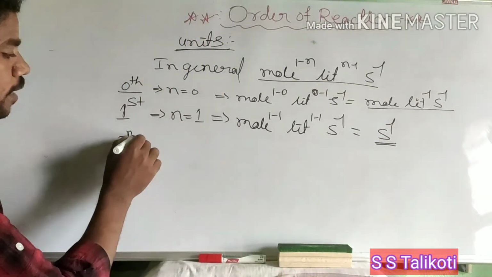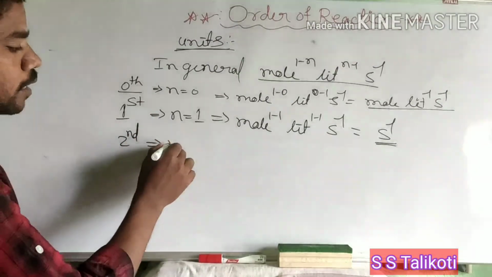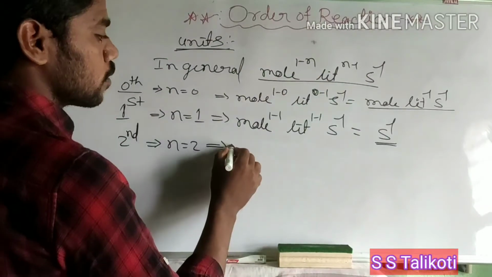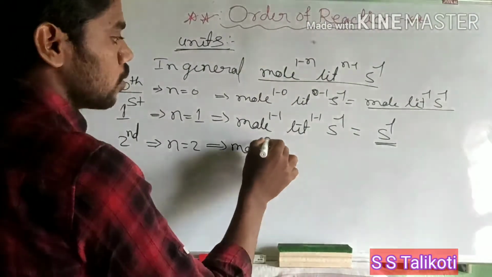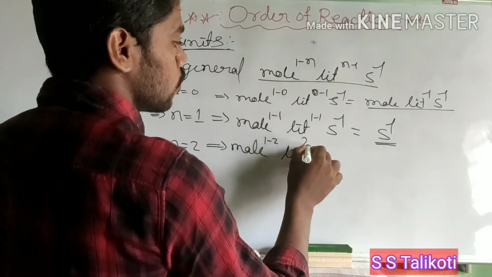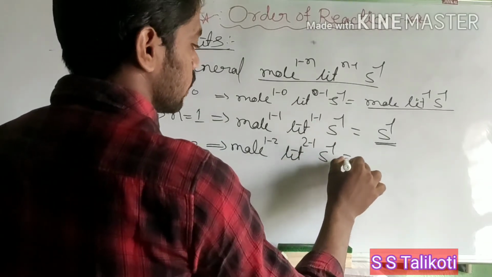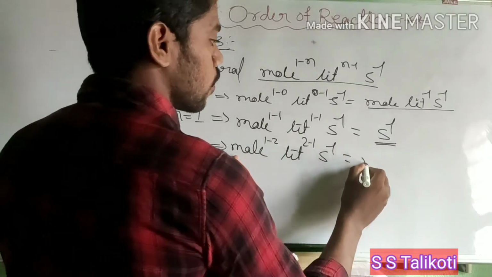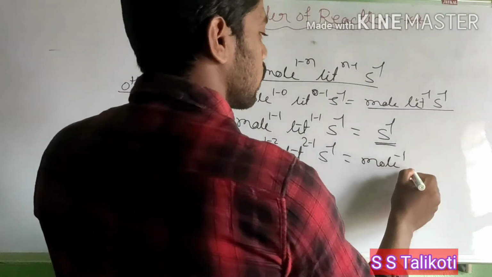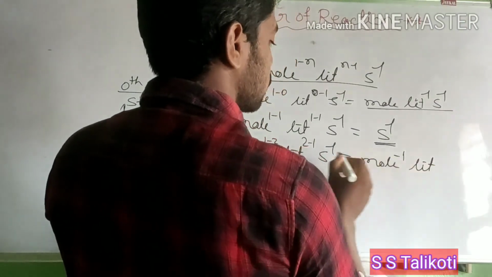Go for the next, second order reaction. n equal to how much? 2. Therefore substitute n equal to 2: mole 1 minus 2, liter 2 minus 1, per second. Therefore mole minus 1, liter, per second.